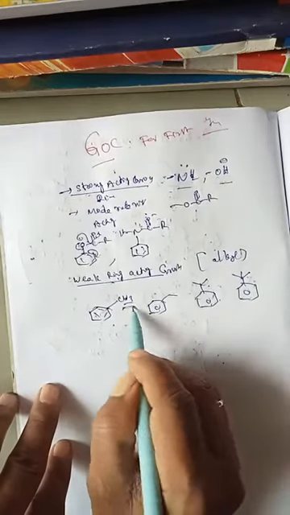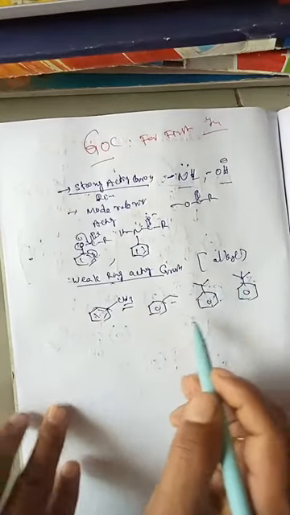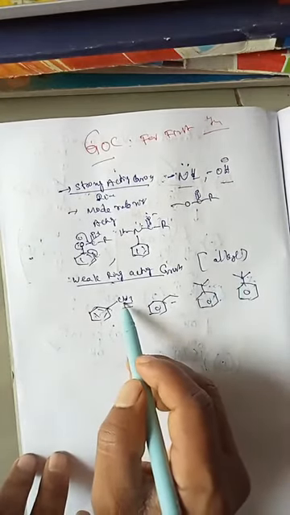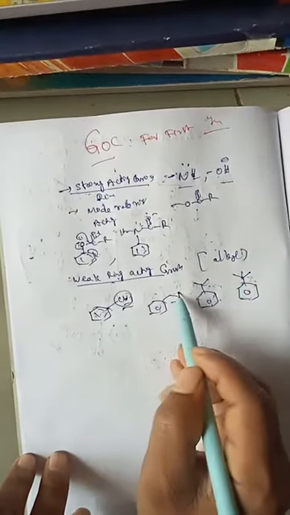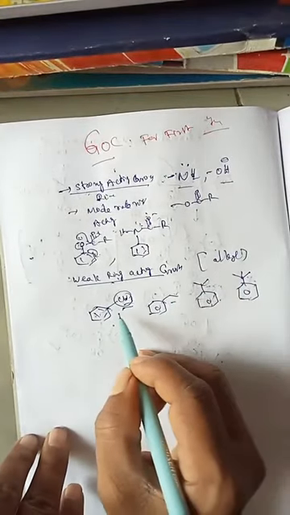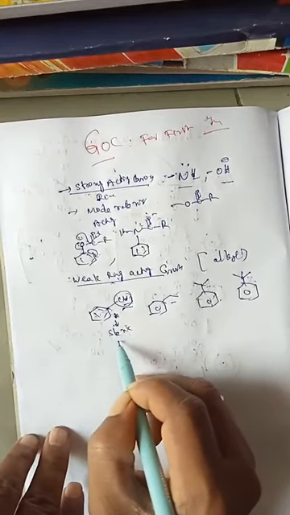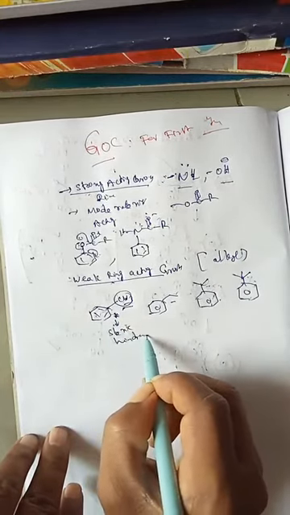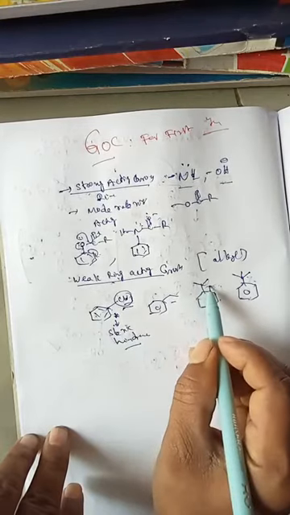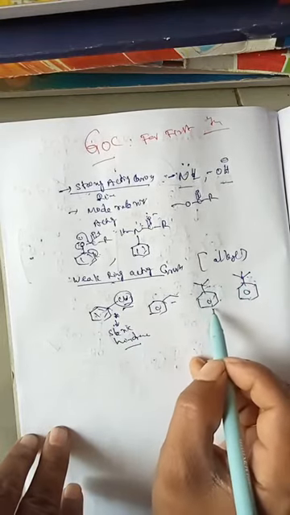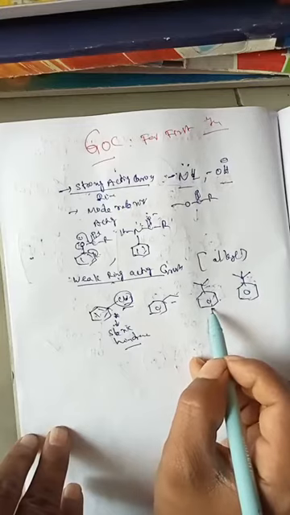These alkyl groups are weak ring activating groups. Here the methyl is there and here ethyl, but because of the ortho position there is steric hindrance. This steric factor mostly influences the incoming electrophile to go to the para position.